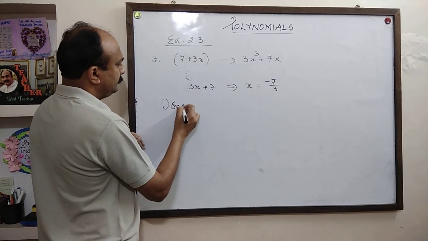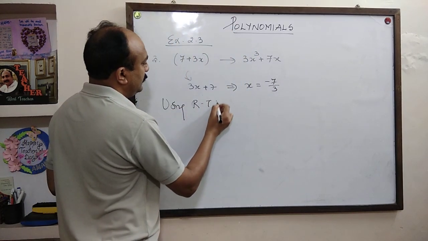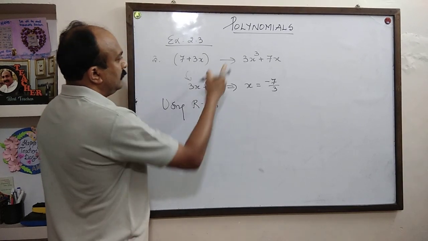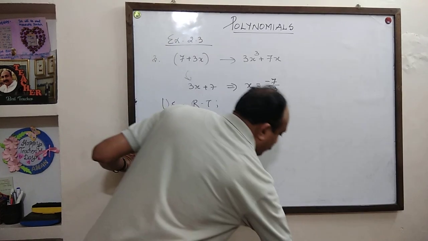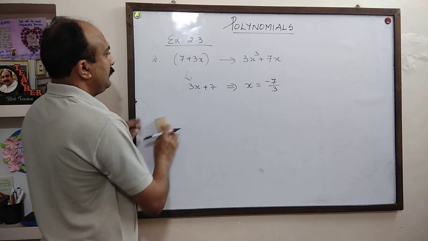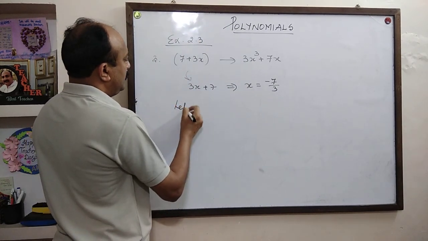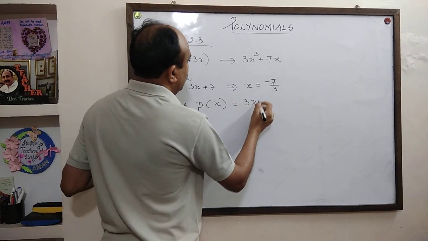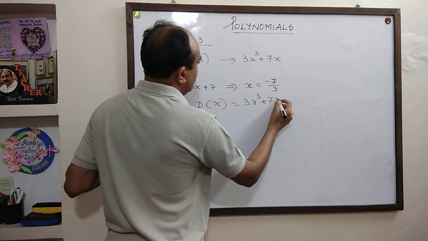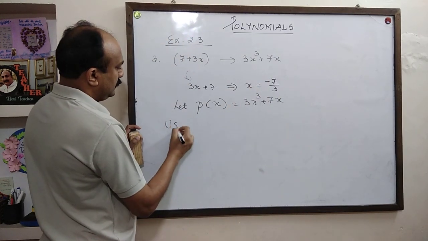So using remainder theorem, let it be taken as p(x). Let p(x) is equal to 3x cube plus 7x.